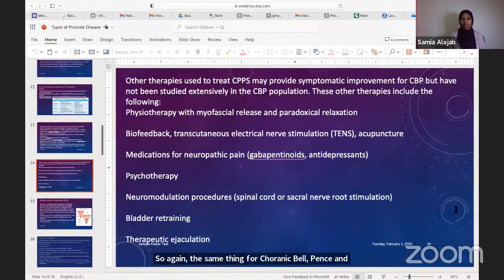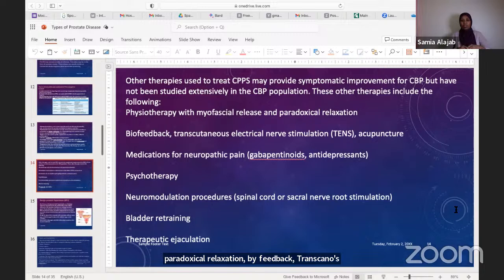Other therapies are considered to treat, and they could lead to symptomatic improvement, but have not been studied extensively in the chronic pelvic pain or bacterial prostatitis population. So these are mainly for chronic pelvic pain syndrome. As we said, we can use physiotherapy with myofascial release and paradoxical relaxation, biofeedback, transcutaneous electrical nerve stimulation, or acupuncture.